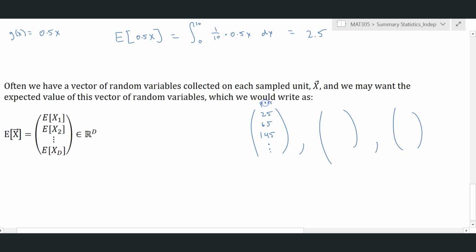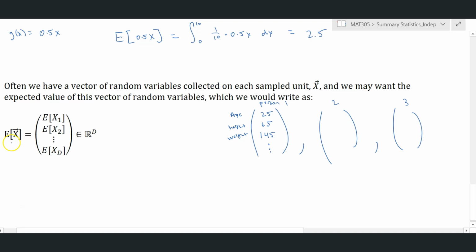Maybe this is person 1, person 2, person 3. And so you have age, height, and weight, and you store the data in vectors. It's impractical to try to just extract all of the ages, extract all of the heights. It's probably better just to keep the individual data in vectors.